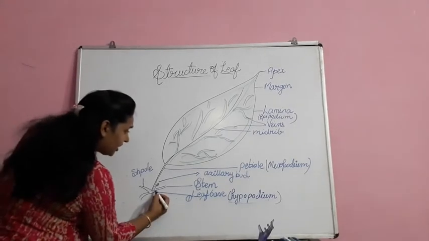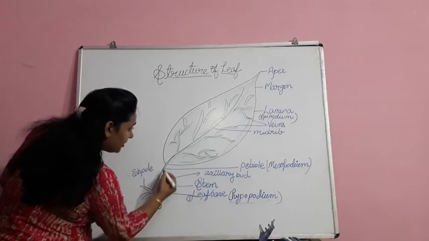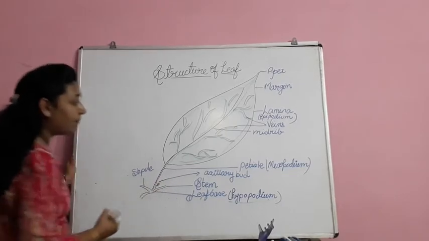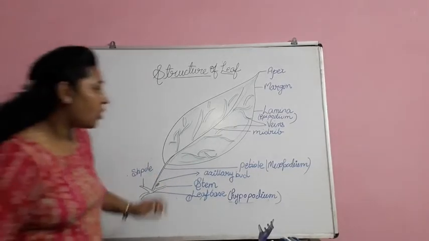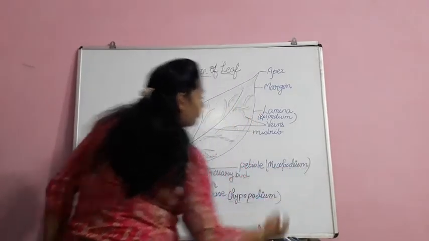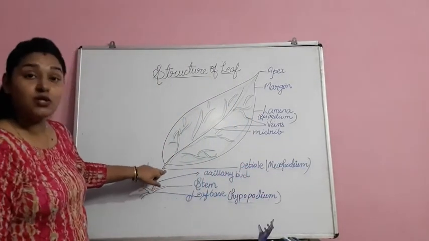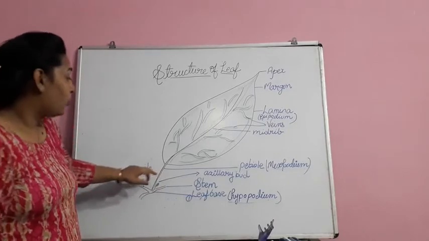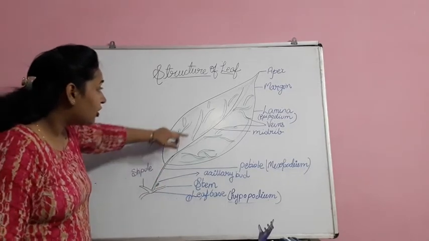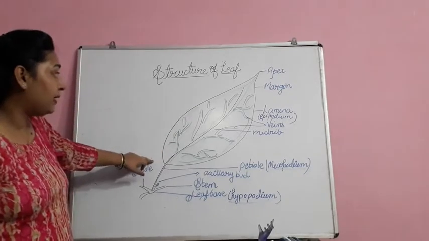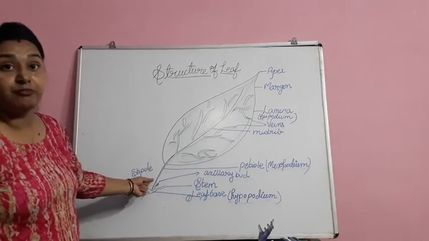Now, just next to this, this part you can see is the petiole. Petiole is also called the mesopodium, as you can see over here. This petiole, the mesopodium, helps in joining the lamina and the leaf base.